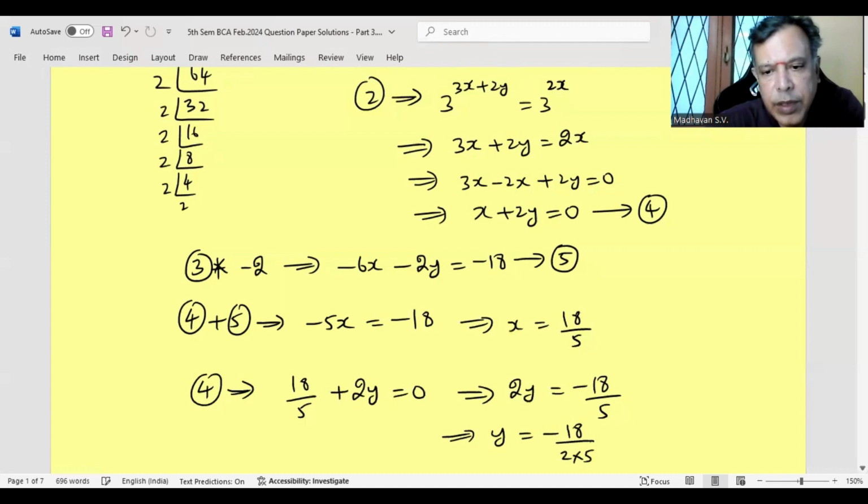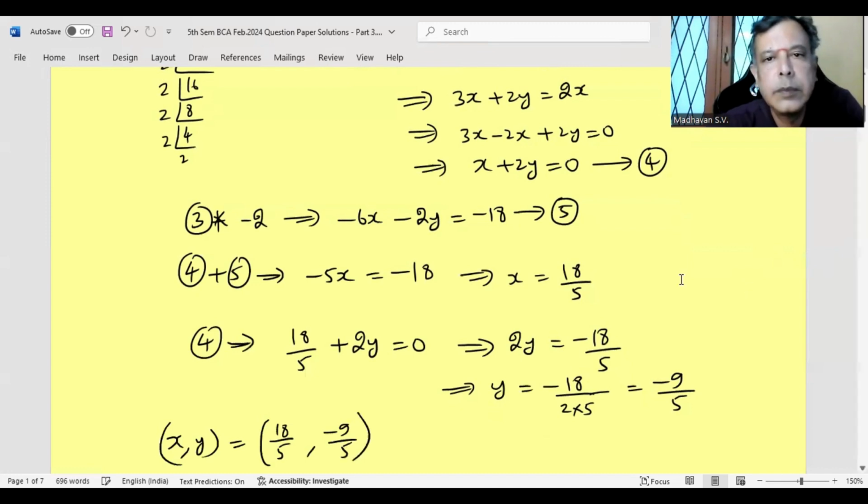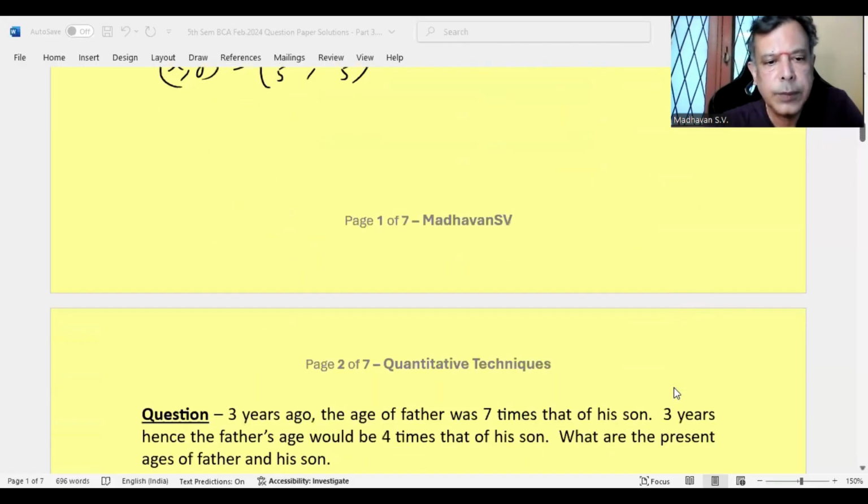I am dividing both sides by 2 so that this becomes minus 9 by 5. So our x value is 18 by 5 and y value is negative 9 by 5. Let us move on to the next question.